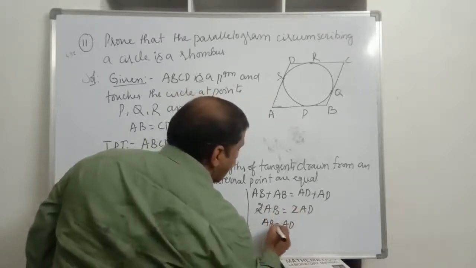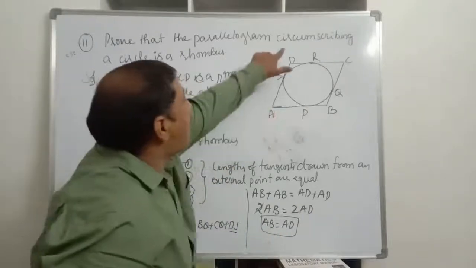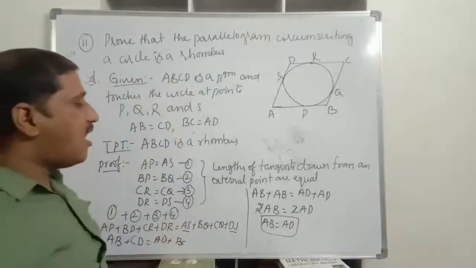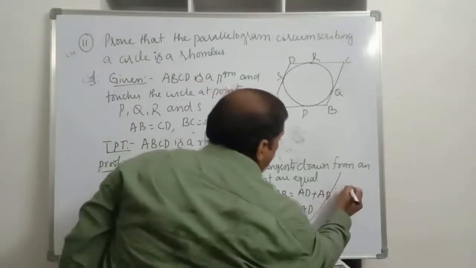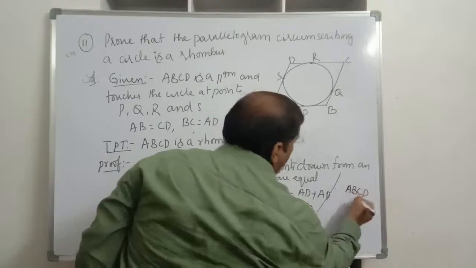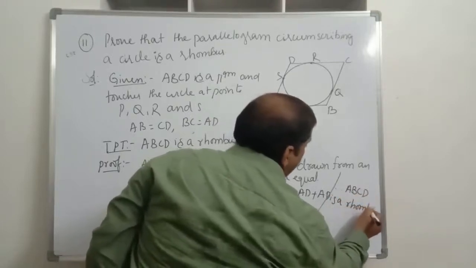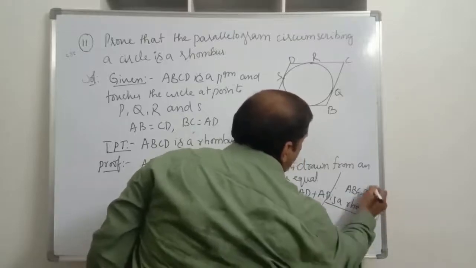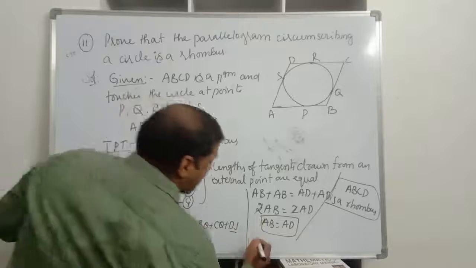What are AB and AD? They are adjacent sides of the parallelogram, and they are equal. Therefore ABCD is a rhombus, because one pair of adjacent sides, AB and AD, are equal.